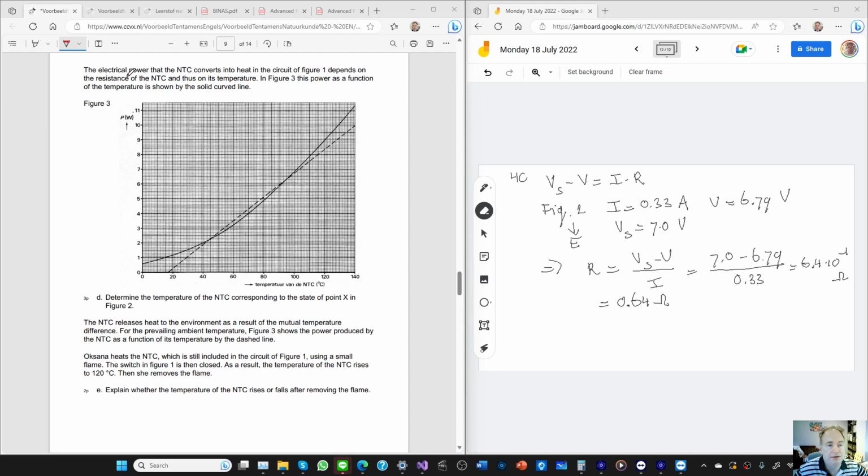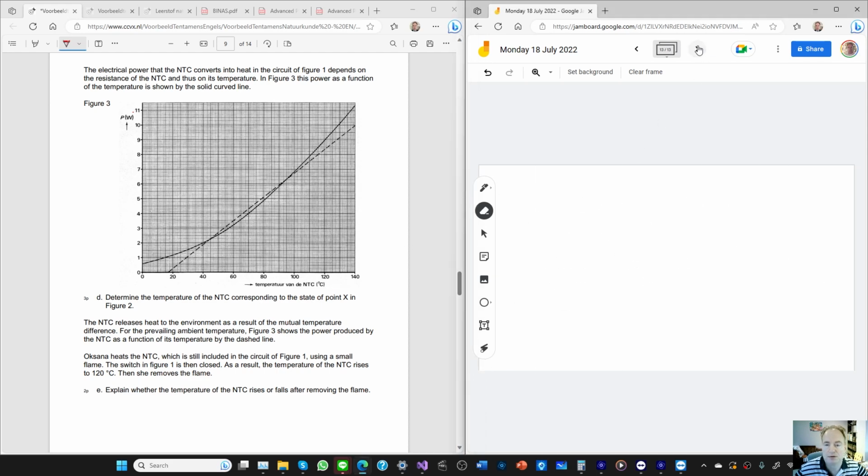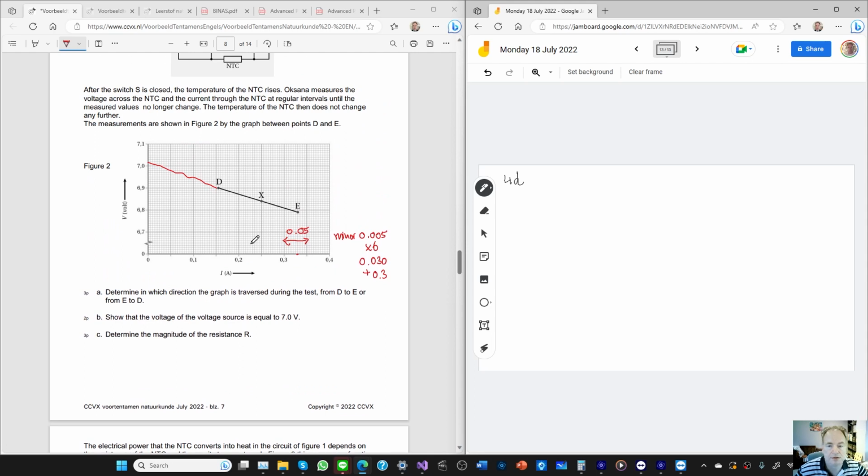So that's the heat generated, the electric power converted into heat. Determine the temperature of the NTC corresponding to the state of point X in figure 2. Point X.